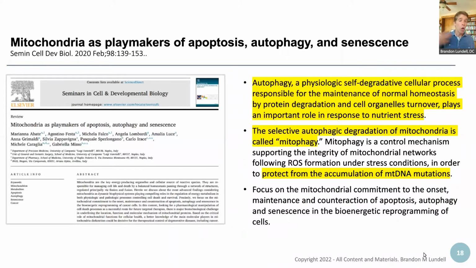And we know that the mitochondria don't just produce energy. They're the playmakers in apoptosis, autophagy, senescence.